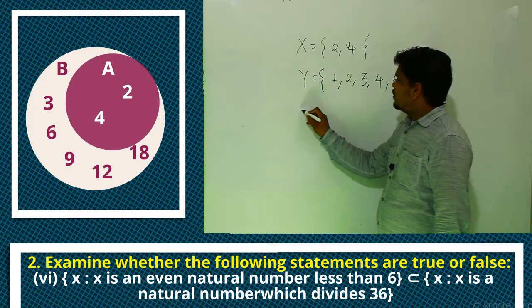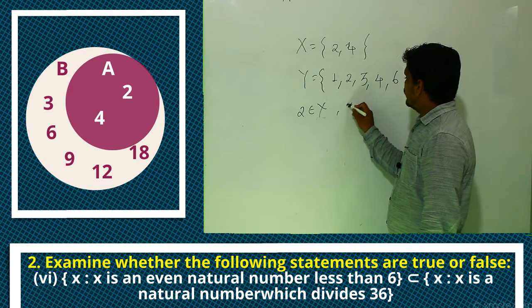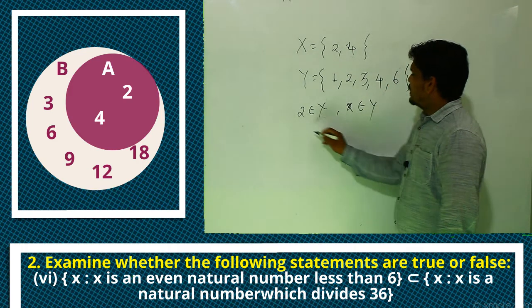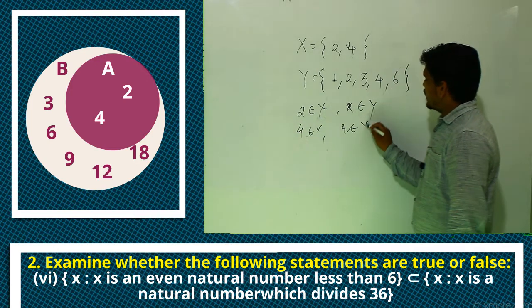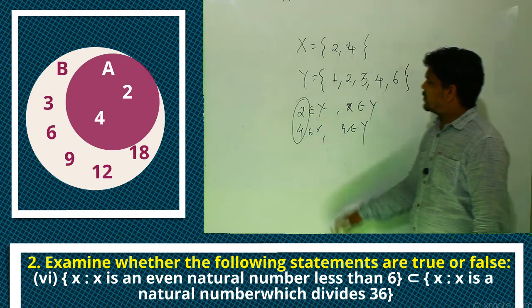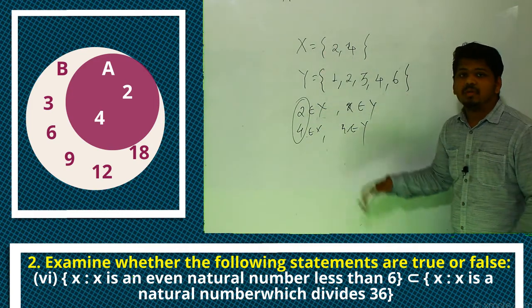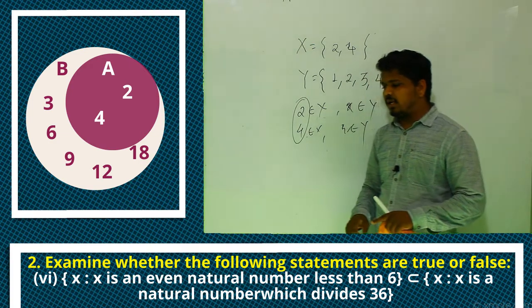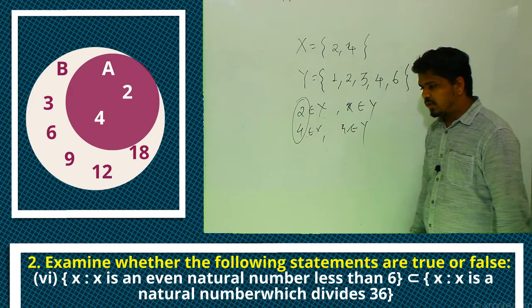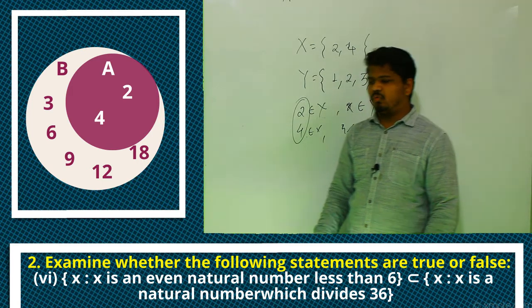Clearly, 2 belongs to x, and 2 also belongs to y. Also 4 belongs to x, and 4 belongs to y. It means for all elements of x, you have those elements in y. Therefore, by the definition of subset, your first set becomes a subset of the second set. Therefore, the statement will become true here.